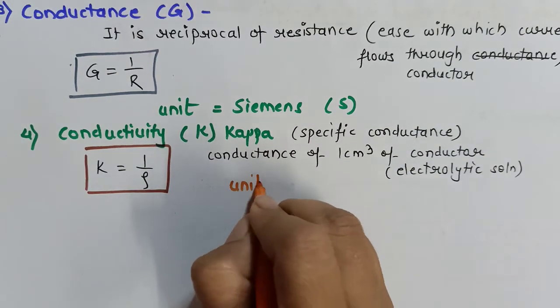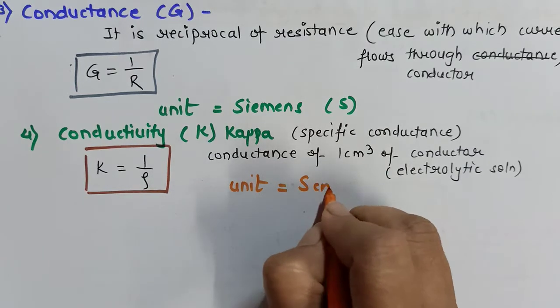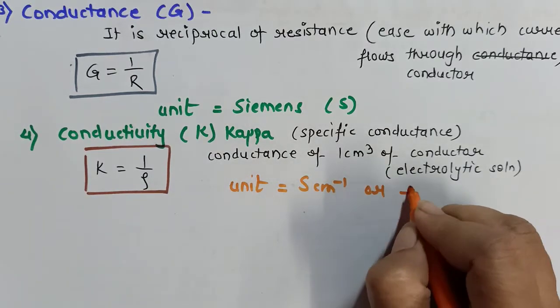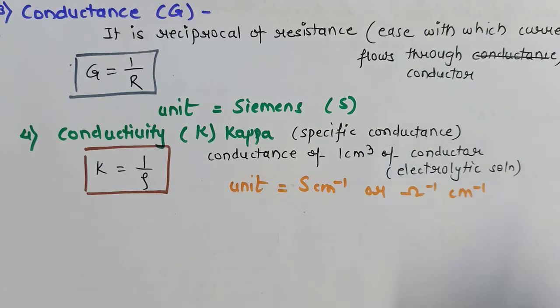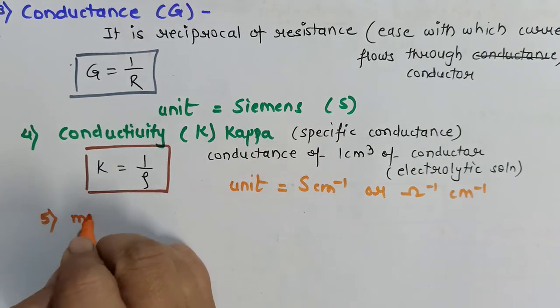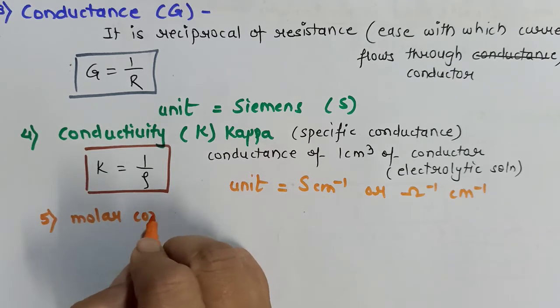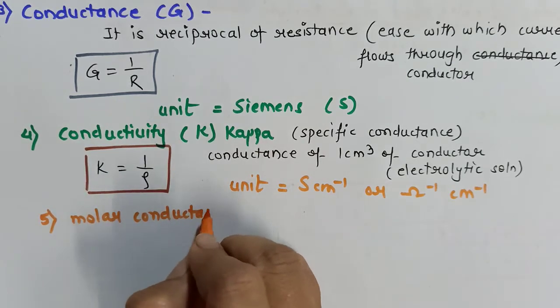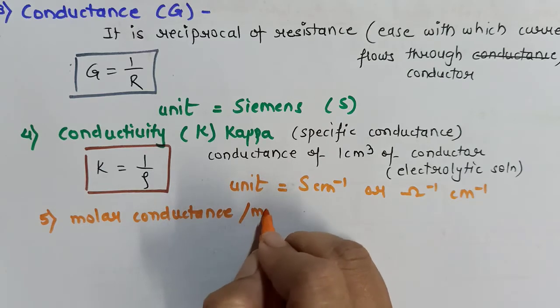The unit of kappa is Siemens centimeter inverse or Ohm inverse centimeter inverse. The next unit is molar conductance. We also call it molar conductivity.